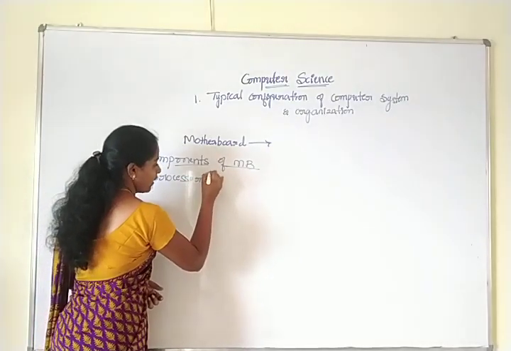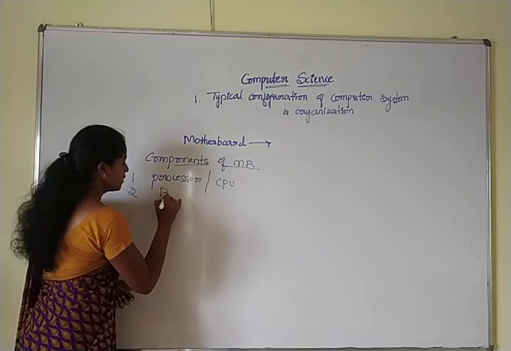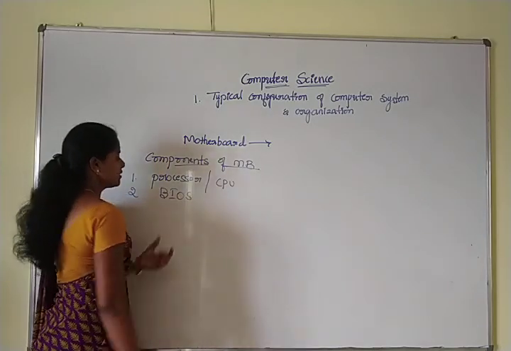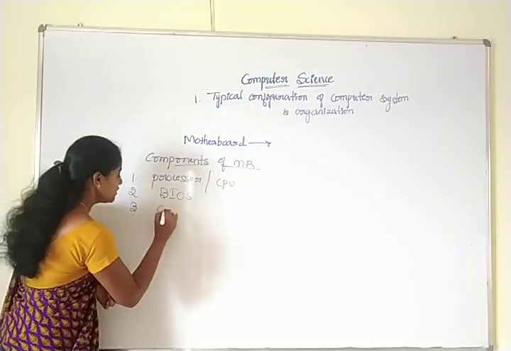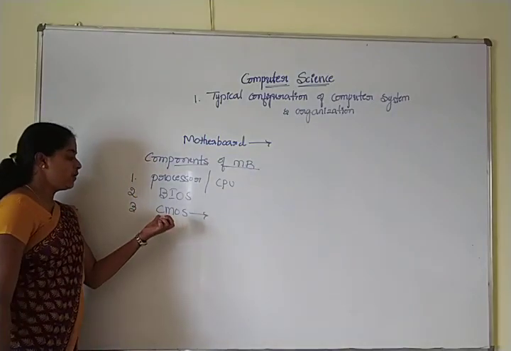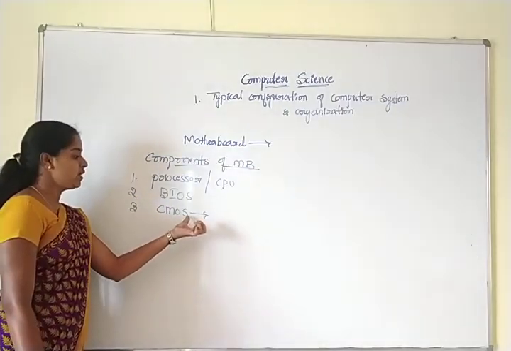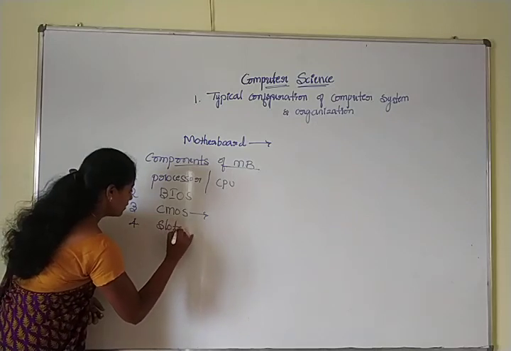It is also called the central processing unit. The second one is BIOS. BIOS stands for basic input output system. The third one is CMOS. CMOS stands for complementary metal oxide semiconductor. The fourth one is slots.